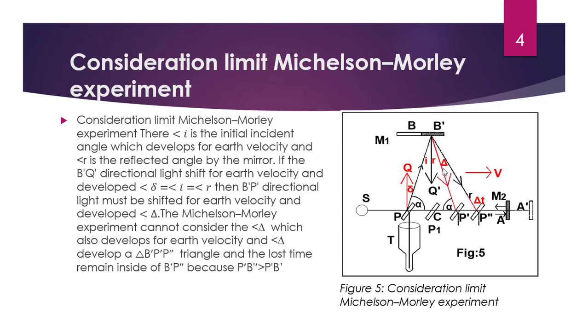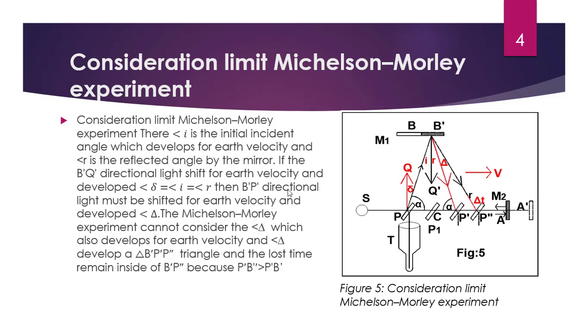For this reason, if you consider the velocity angle of the arc again, then the del angle will be developed, and P dash, B dash and P double dash, it is the greatest mistake of the 18th century, and the basis of that all the theories will develop.